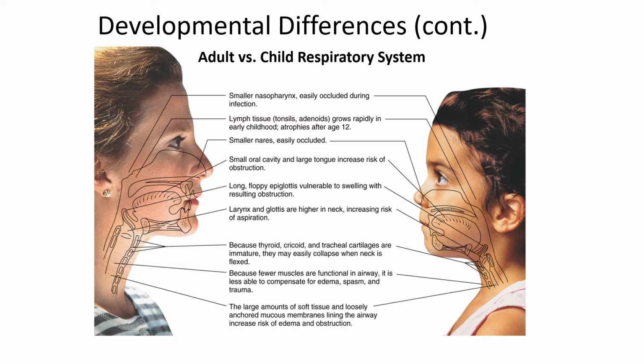The large amounts of soft tissue are loosely anchored, and mucous membranes line the airway, so there again is another risk for edema and obstruction with some type of trauma or infection. The eustachian tubes are short, open, and horizontal, and as a result, there's an increased potential for ear infections. The medical term for an ear infection is otitis media.